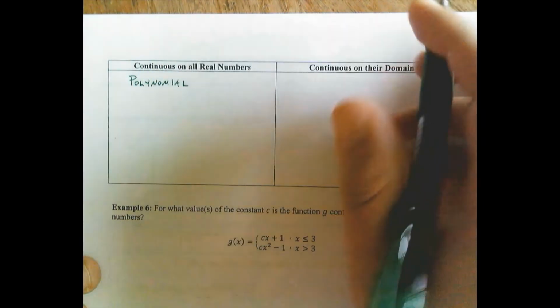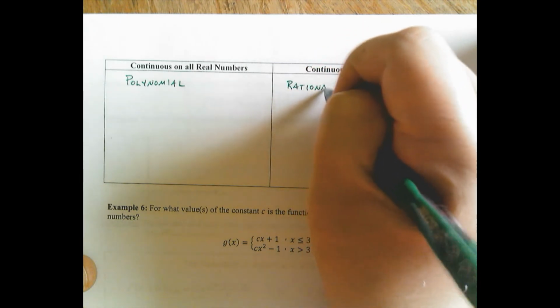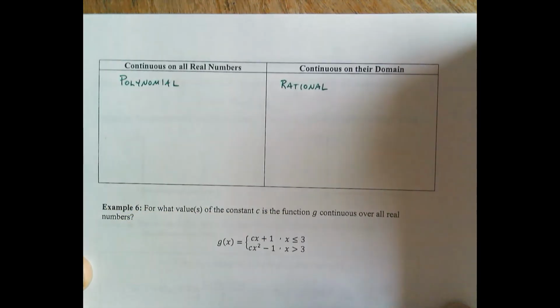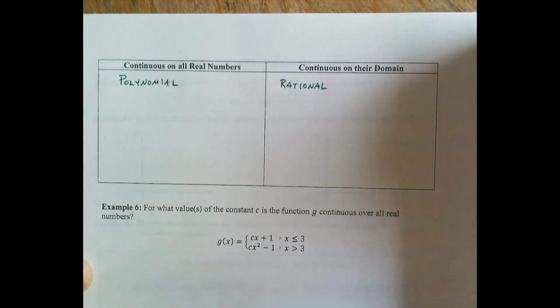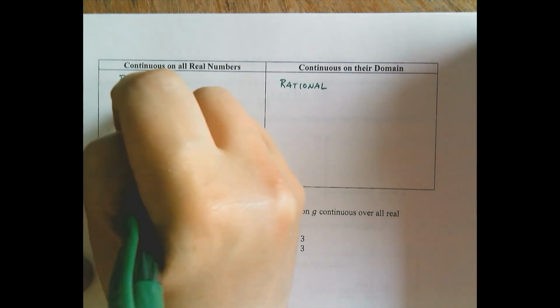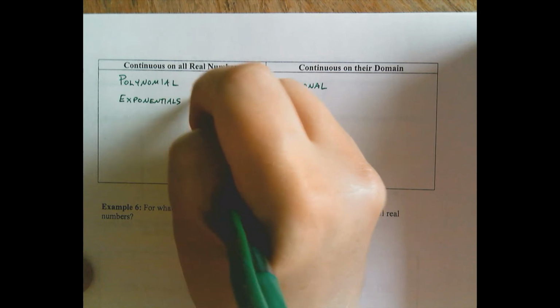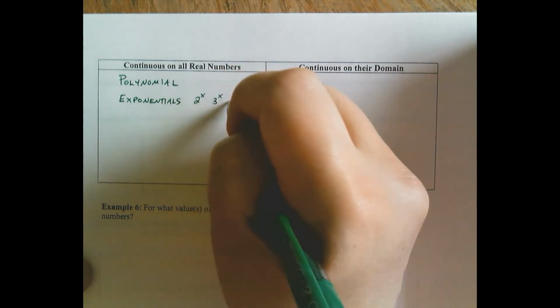And we've also seen that rational functions are continuous on their domain. And then we want to see what other functions are out there. So another family that we've seen, exponentials, like 2 to the x, 3 to the x, 4 to the x, e to the x. Those are all exponentials and they're continuous on all real numbers.